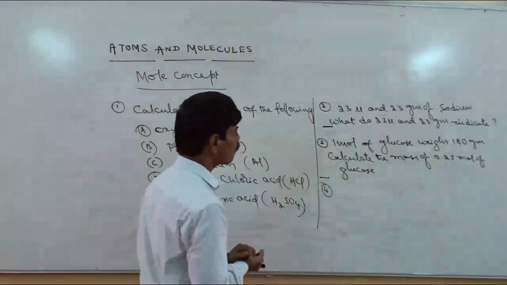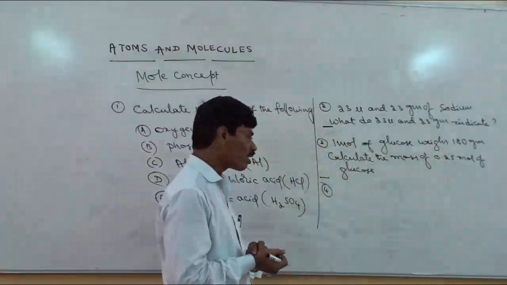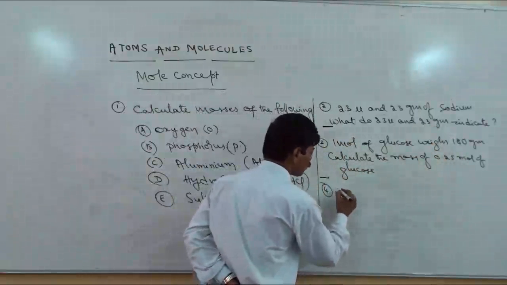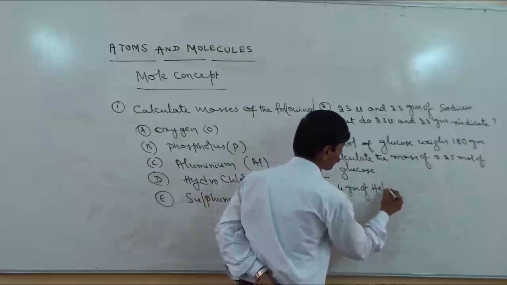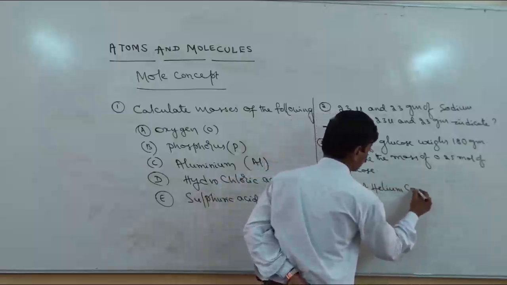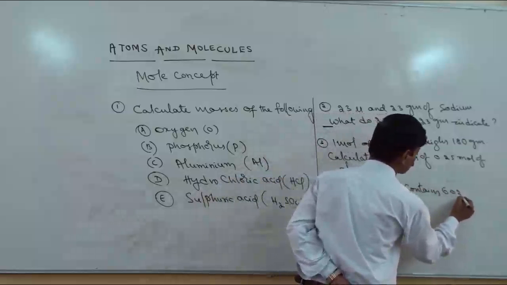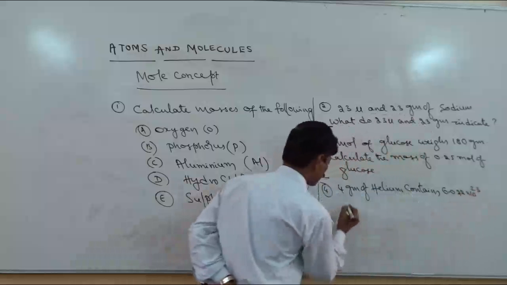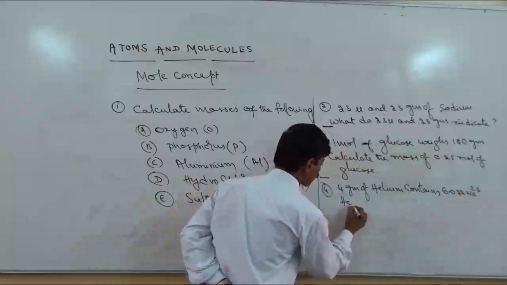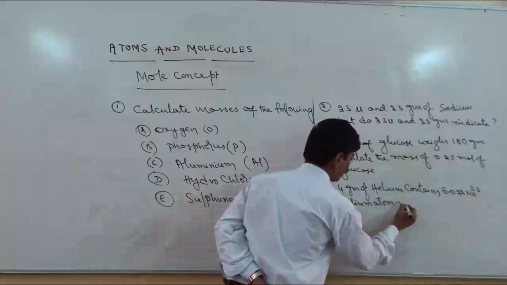Now let us see molar mass and Avogadro number. 4 grams of helium contains 6.022 × 10^23 helium atoms.